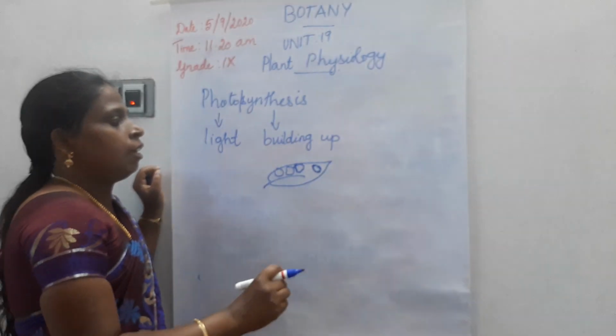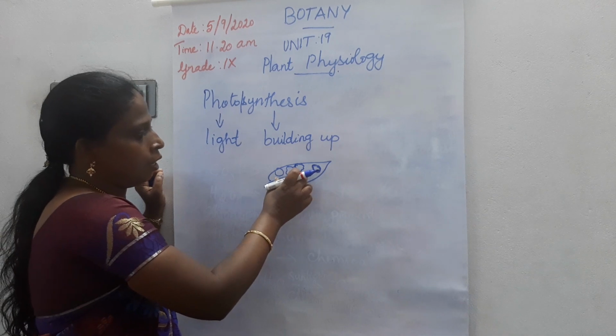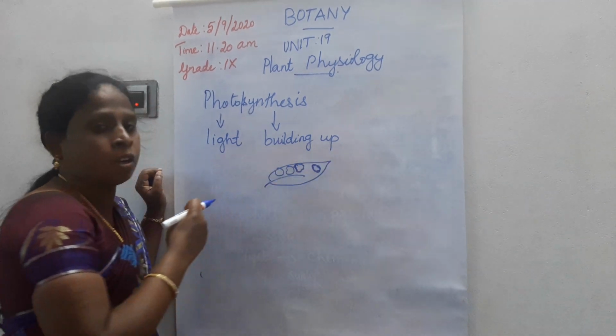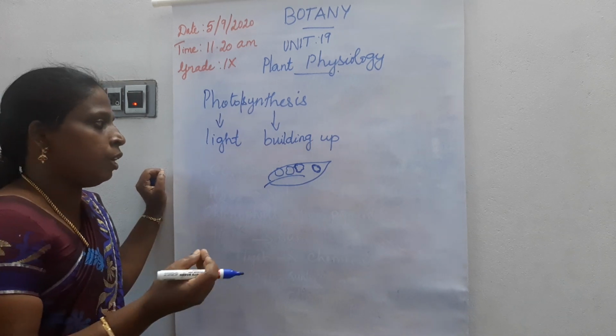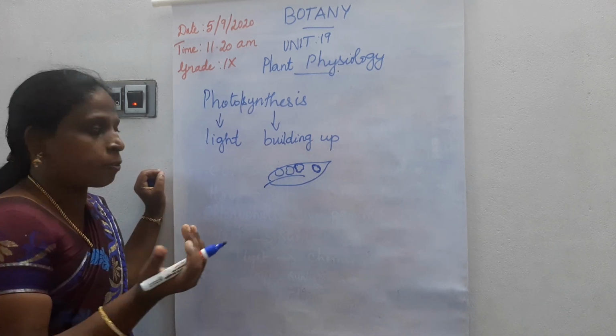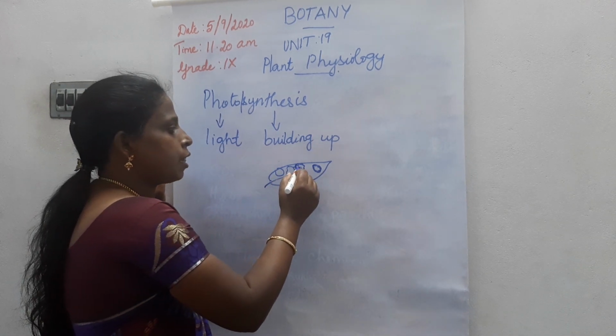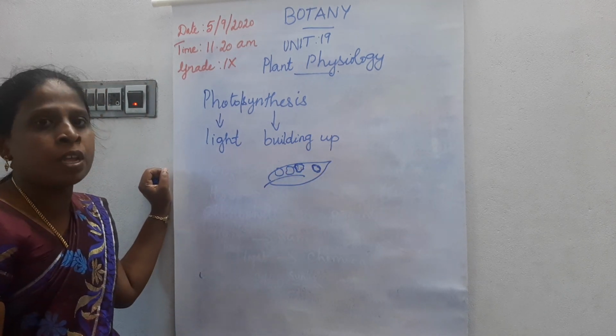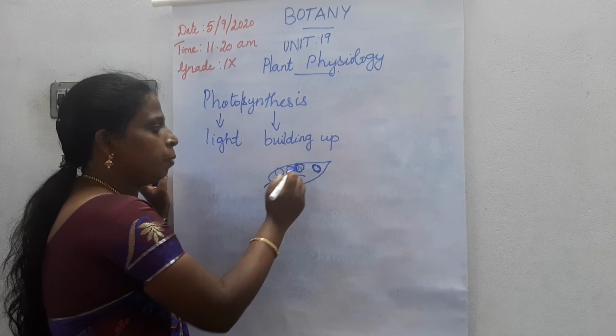In that test, we pour some iodine solution on the leaf. After a few minutes, what will happen? What we have observed is that the green patches turn blue-black in color. Why? Because the chlorophyll pigment is there.